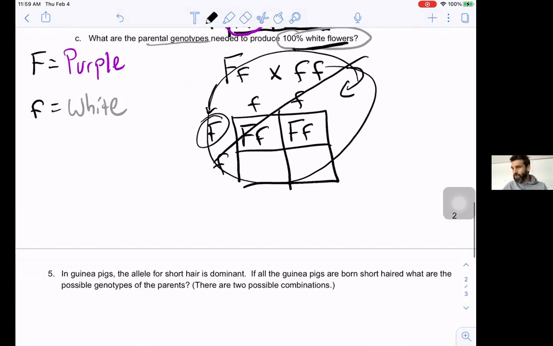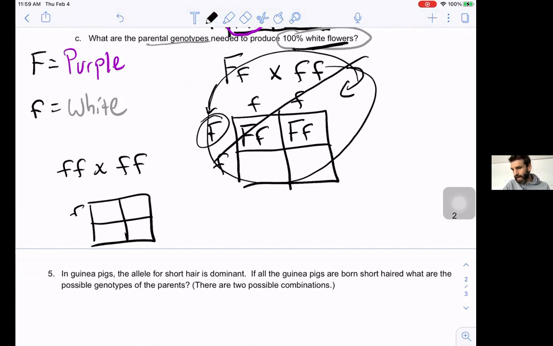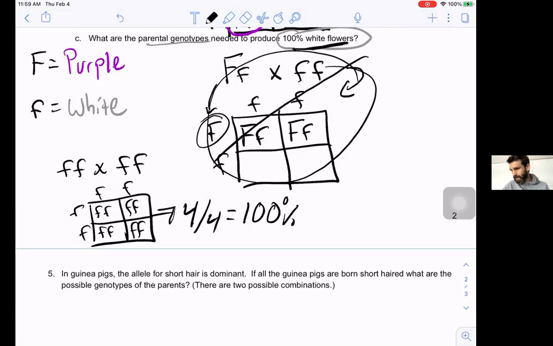The only way you can get 100% white flowers is if you cross 2 homozygous recessives together, so that it's little f, little f, little f, little f. And in this case, you will get all homozygous recessive. 4 out of 4 equals 100%.